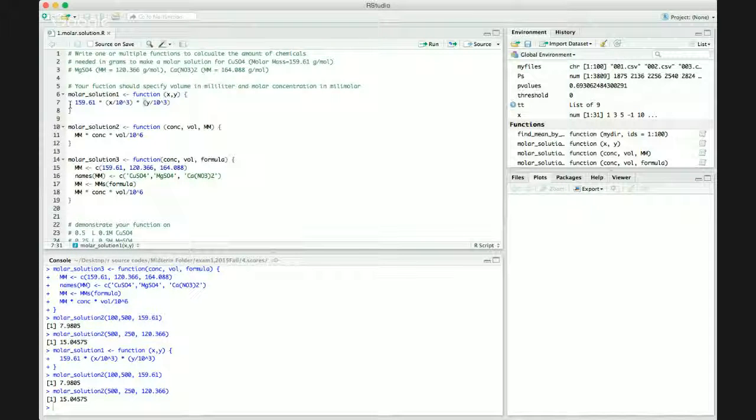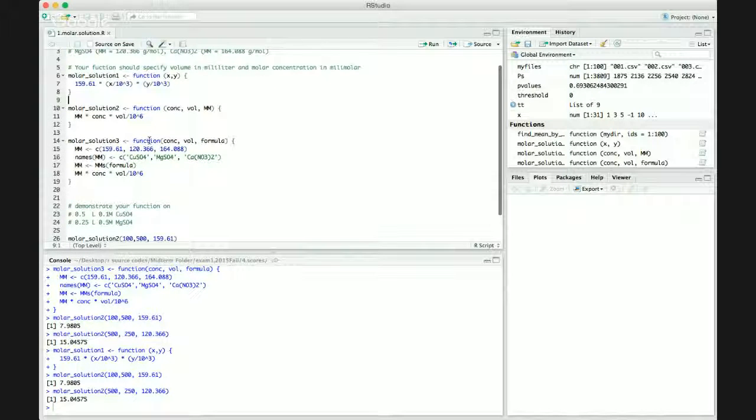So here what I've done is I have multiplied the molecular mass of CuSO4 times x divided by 10 to the 3, which would put x in milliliter, and y times 10 to the y divided by 10 to the 3, which will give that millimolar. So essentially, this will help me calculate for 1 milliliter by millimolar. So that's not very useful for what we eventually have to do.